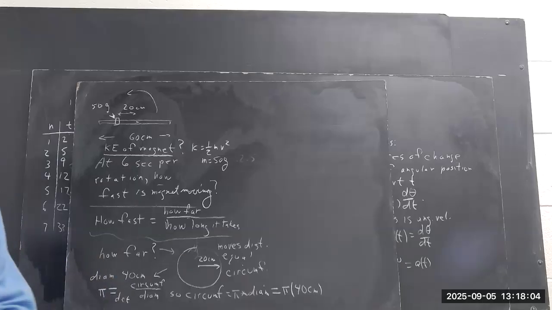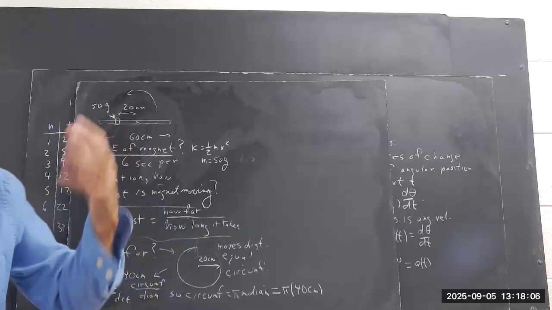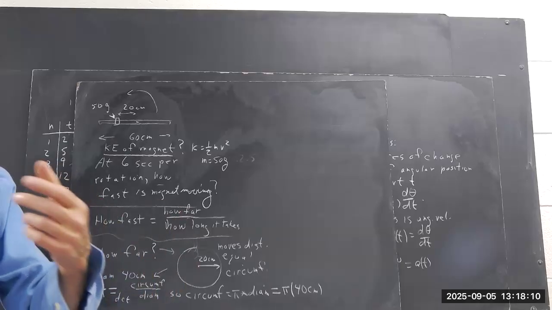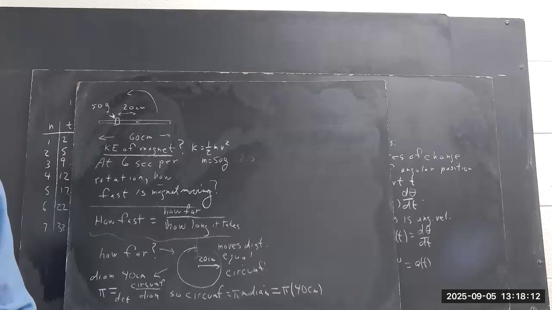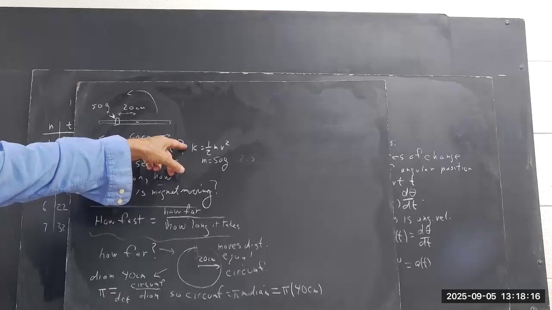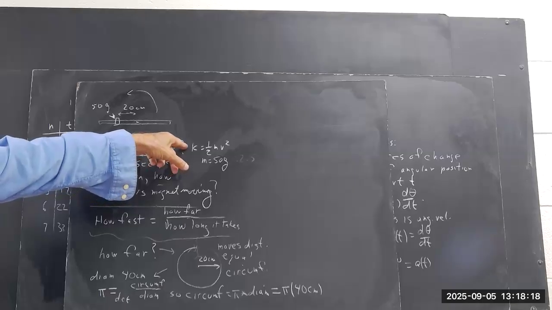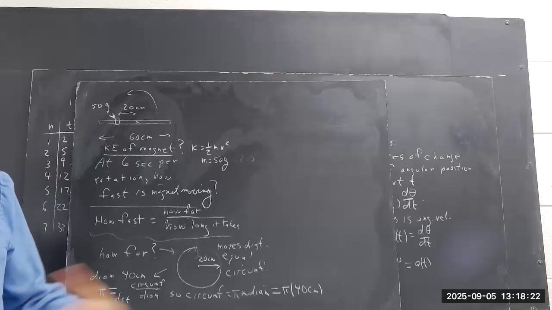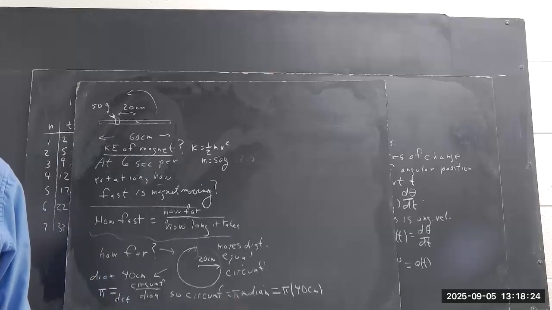A lot of you were writing numbers and symbols, and maybe some right, some wrong, but you didn't have K equals 1/2 mv squared. You start with that, okay? That's okay to start with that formula, because right now we haven't derived that formula. Eventually I'll ask you to prove it, okay?